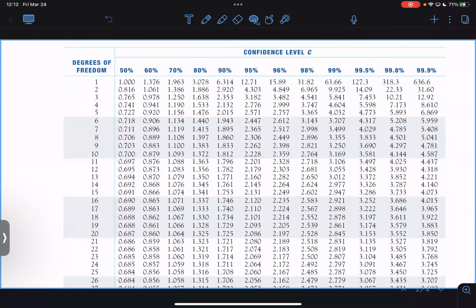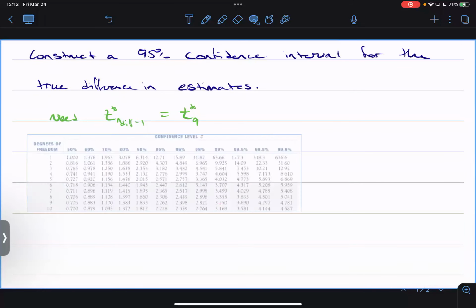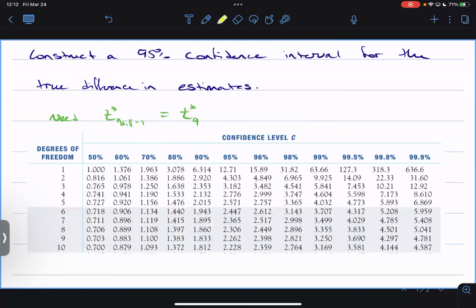Nine degrees of freedom still, and 95% confidence interval. So then my T star is 2.262.